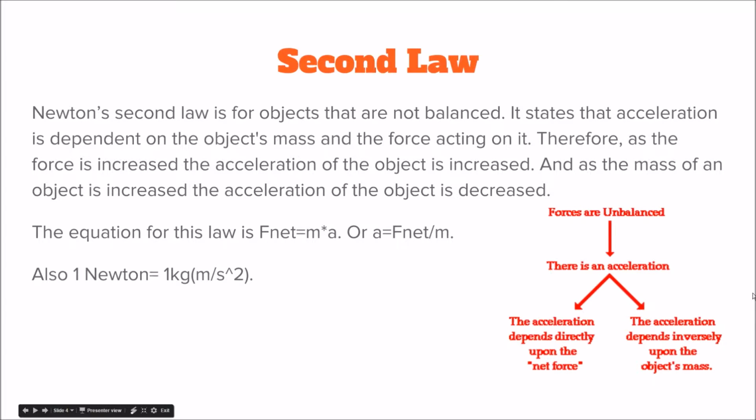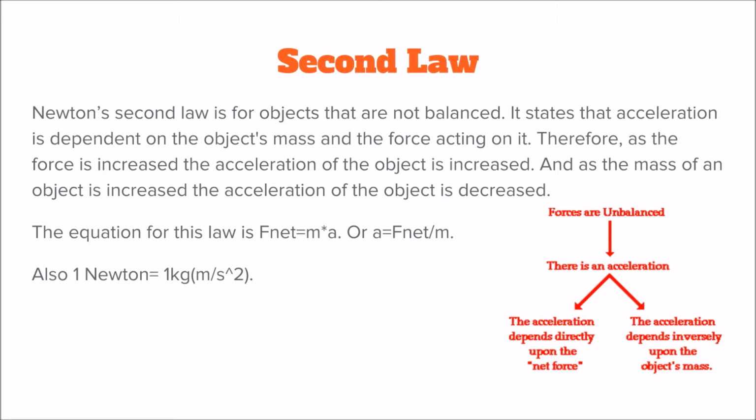Newton's second law is for objects that are not balanced. It states that acceleration is dependent on the object's mass and the force acting on it. Therefore, as the force is increased, the acceleration of the object is increased. And as the mass of an object is increased, the acceleration of the object is decreased.